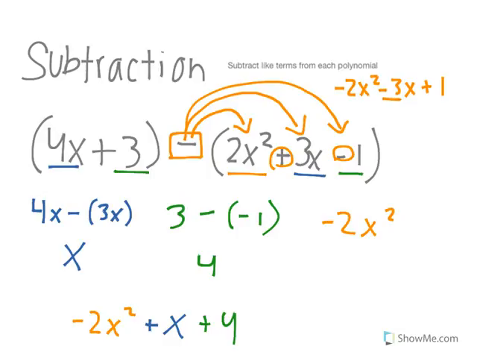So 4x minus 3x is equal to x, and then I look to the constants. Is there any more constants? Yes, here. So 3 minus 1, negative 1 is going to be a positive, so it's 3 plus 1 is 4. And then negative 2, there's nothing that matches that.